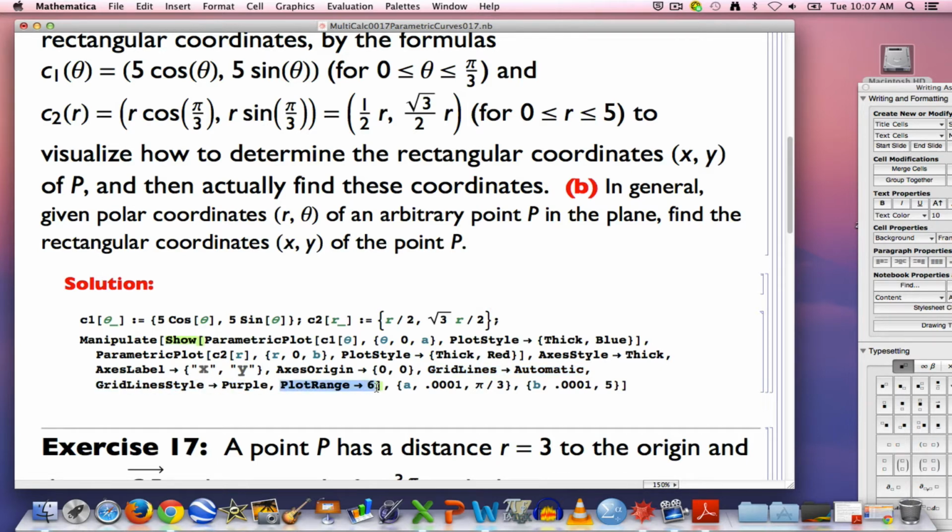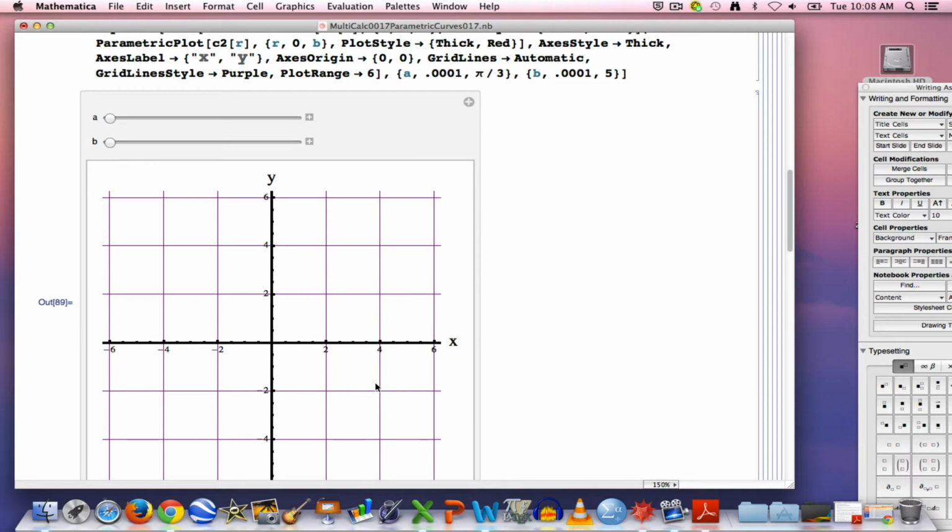I made the plot range by putting a 6 here, going from -6 to +6 in both the x and y directions. I am combining two graphics with Show. The first thing is this parametric plot, the second thing is this parametric plot. And all the rest of this stuff before the end of this Show is different options to make it look nice. So let's see what it looks like, and then answer the questions.